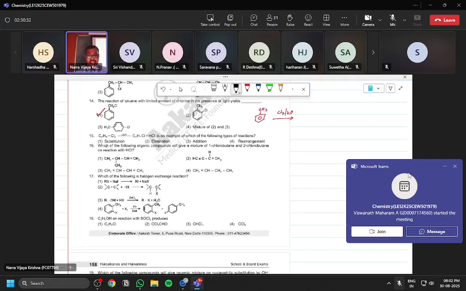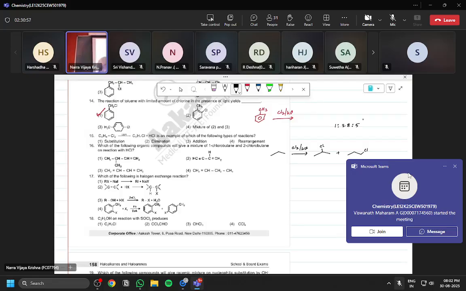What is this? C3H8. C3H8 means propane. Propane in the presence of chlorine and sunlight. What should be the product? This one or maybe this one. Two possibilities. Which is major? They will react in the ratio 1:3.8:5.